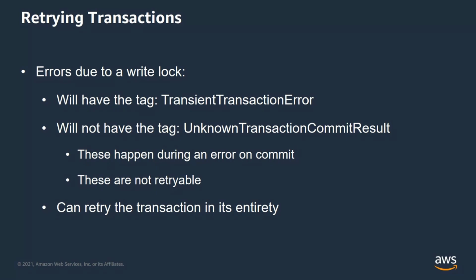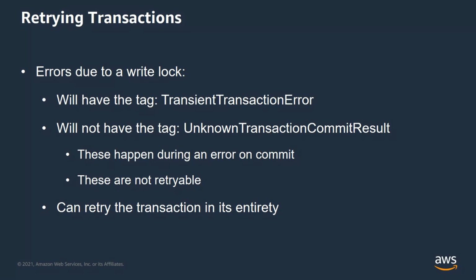The other thing to note is that when the unknown transaction commit result tag is present, so is the transient transaction error tag. So what we're going to look for is that it has the transient transaction error tag, but it doesn't have this commit error tag. And then we can retry those whole operations.